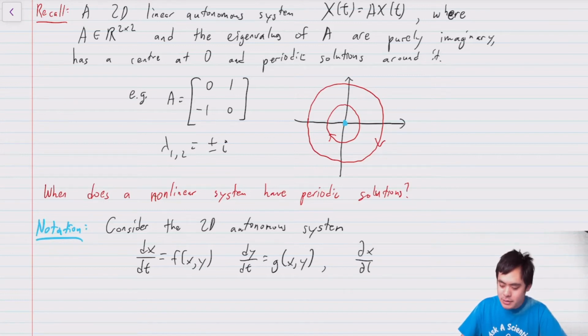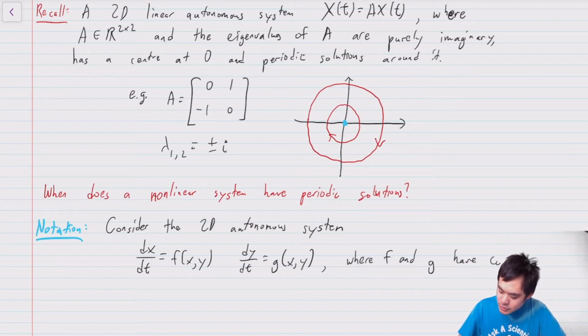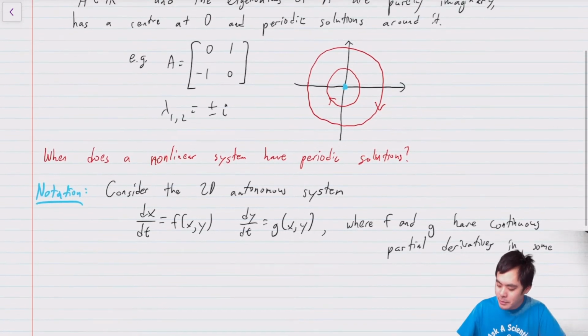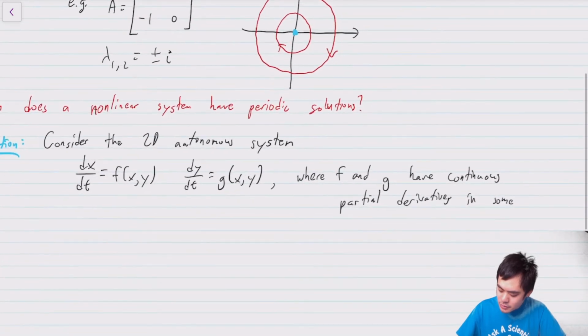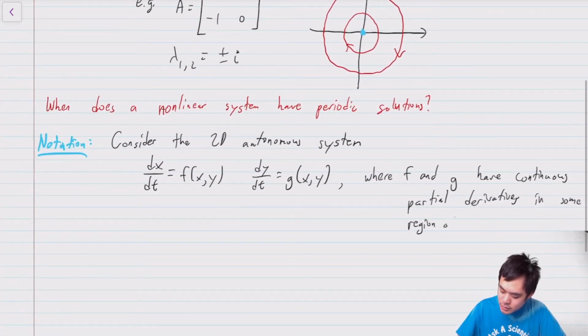We know that these are continuous functions, and we also need f and g to have continuous partial derivatives in some disk that we care about, in some region of the plane.